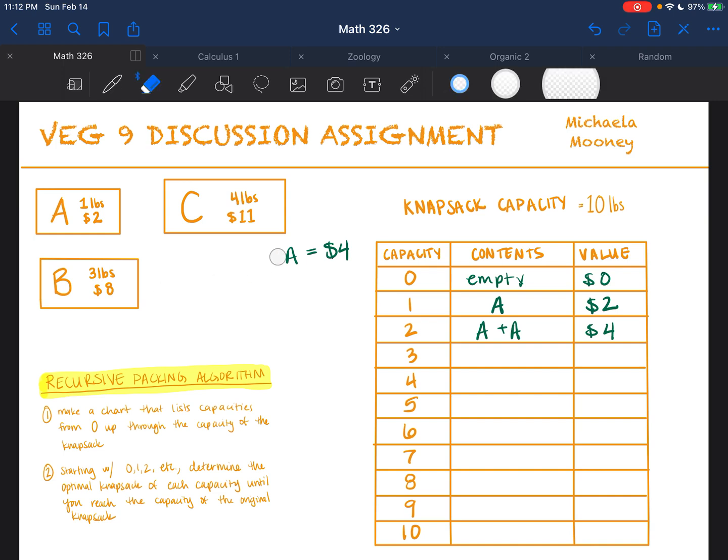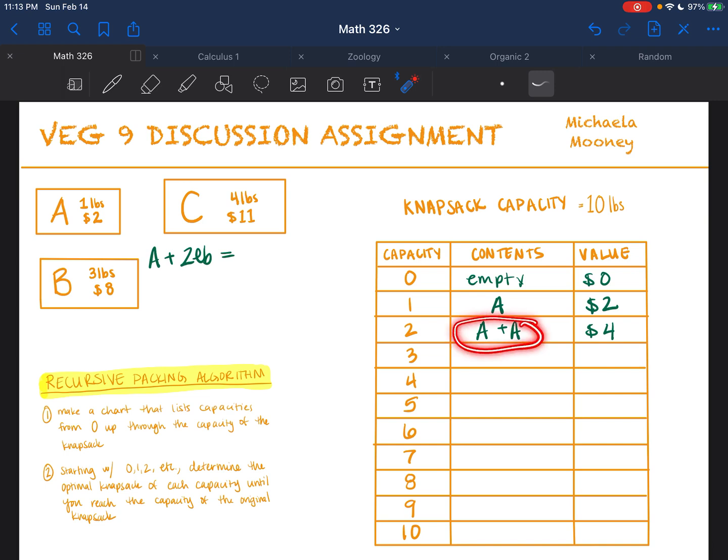So now moving on to capacity number 3, we start with A, remember, because we're going alphabetical order. So A plus, if we have 3 pound capacity and we add A, which is 1 pound, that means we have 2 pounds left over. And so we are going to look at our 2 pound optimal capacity for what to fill that extra 2 pounds with.